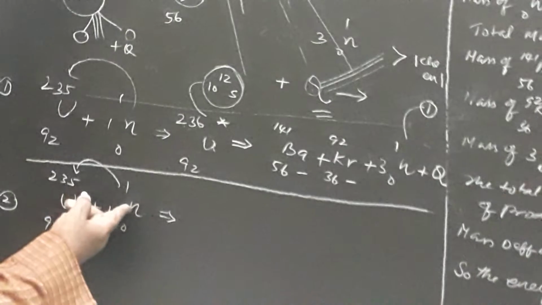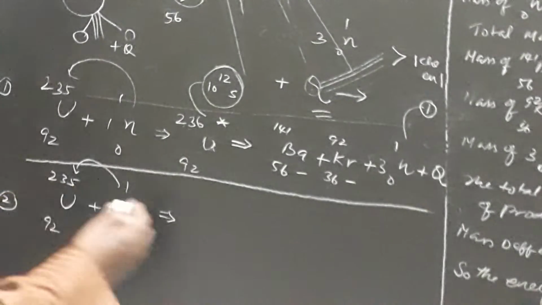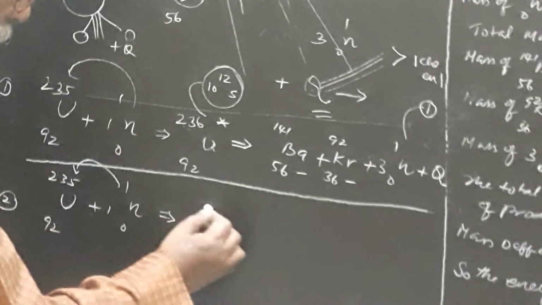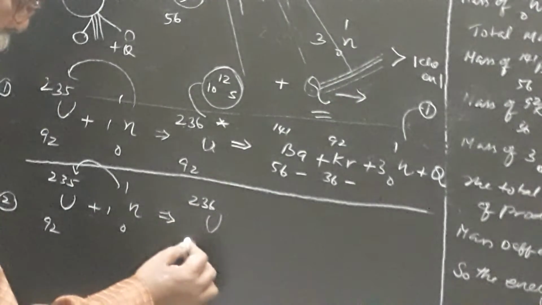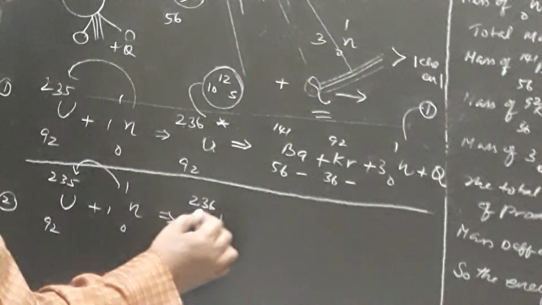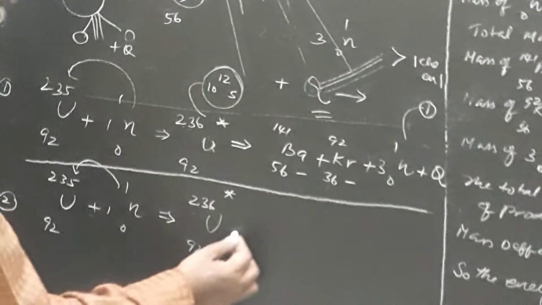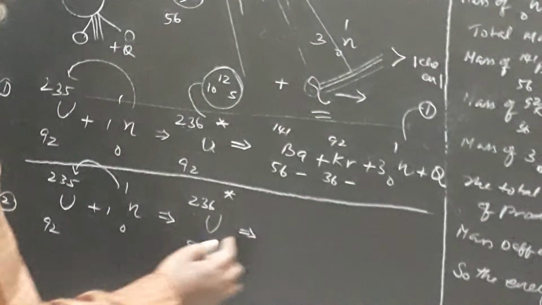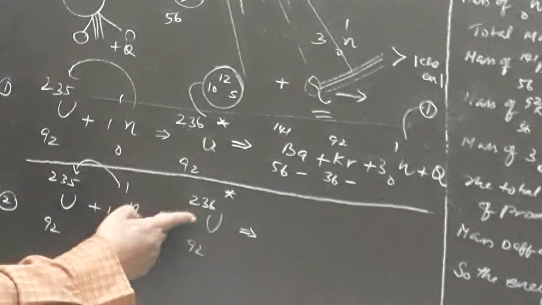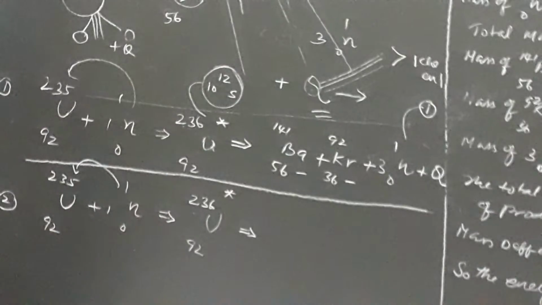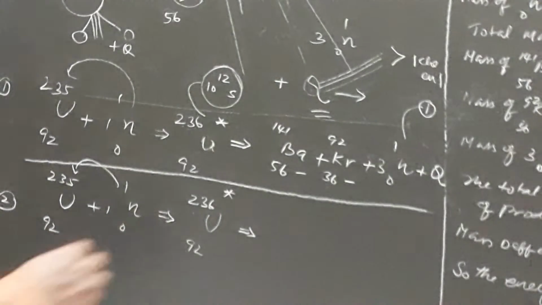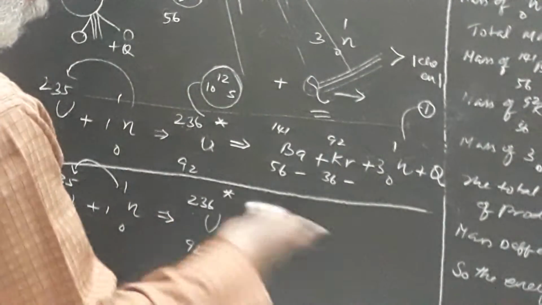The neutron is absorbed by the uranium, so the mass number increases, and it is in the excited state, not stable in the ground state. Okay, what will the decay process be here?